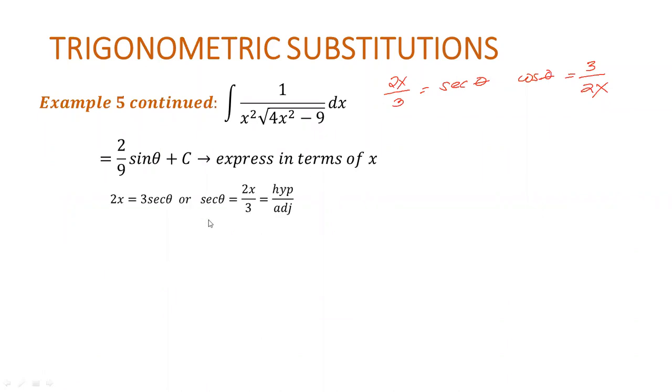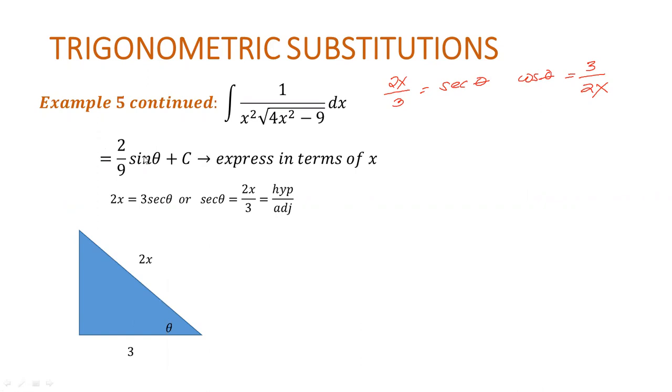Okay, so this is it. Secant is 2x over 3, the hypotenuse over the adjacent, or the adjacent over the hypotenuse in the case of cosine. If it's cosine, that's the adjacent over the hypotenuse. If it's secant, the hypotenuse over the adjacent.